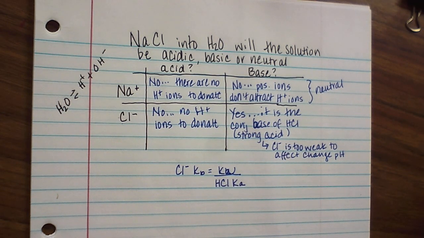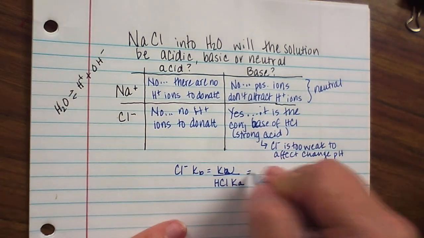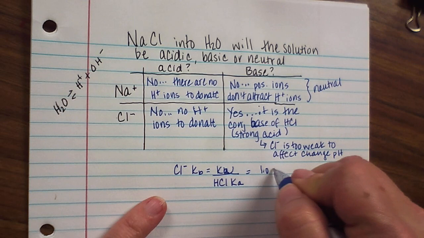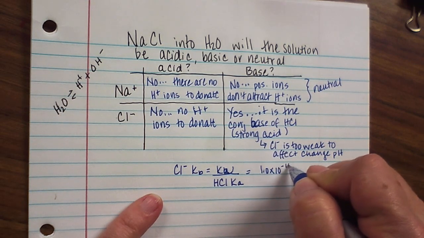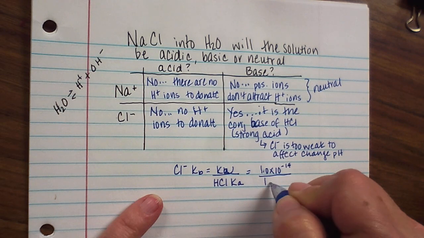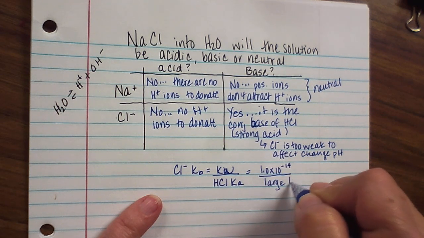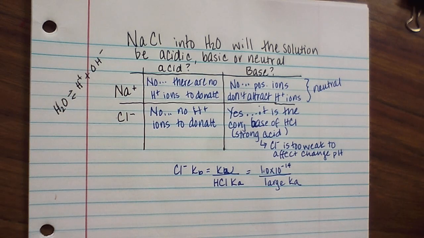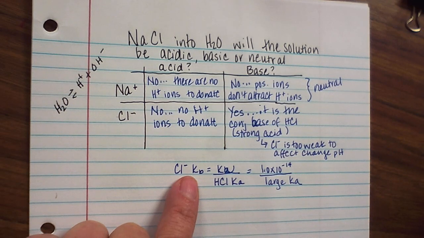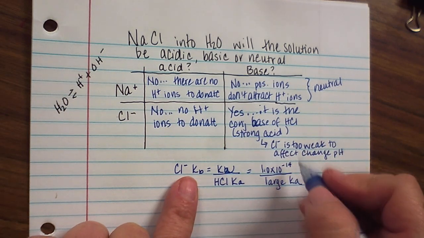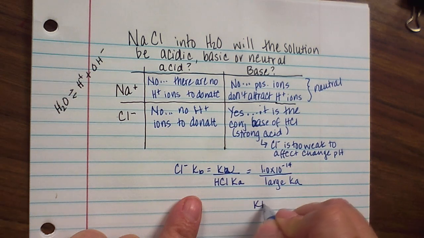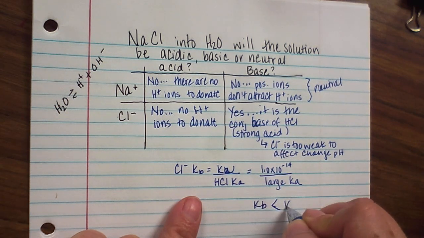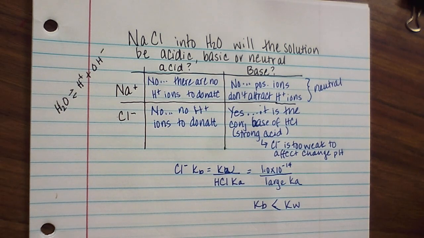Now, what do we know about the Ka of the acid? It is very large, because it's such a strong acid. So what this actually is, 1.0 times 10 to the minus 14 over large. So what this means is that the Kb is extremely small. So the Kb is smaller than the Kw, which is 10 to the minus 14.